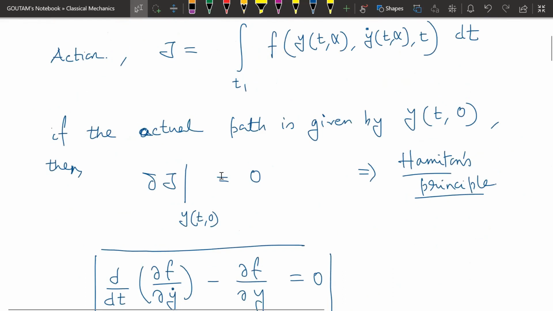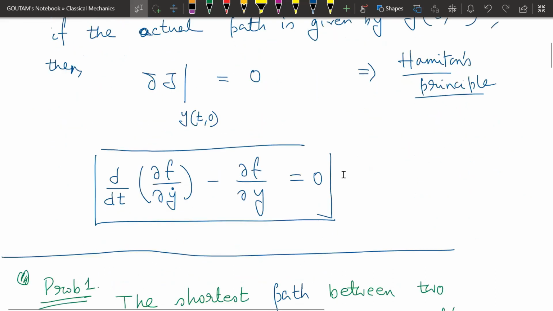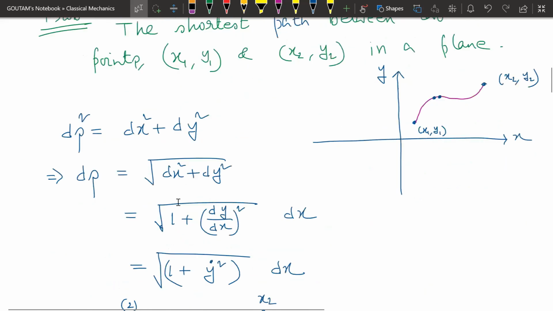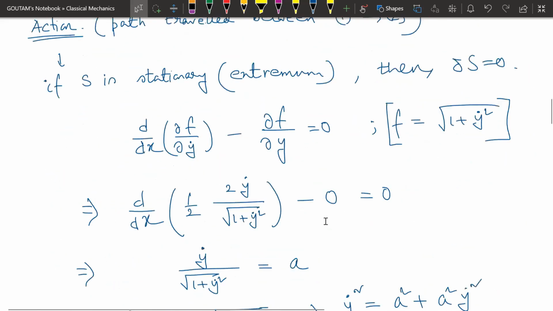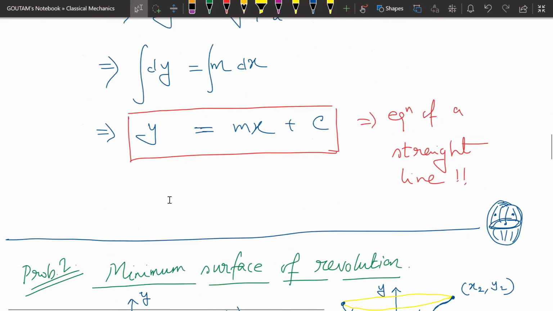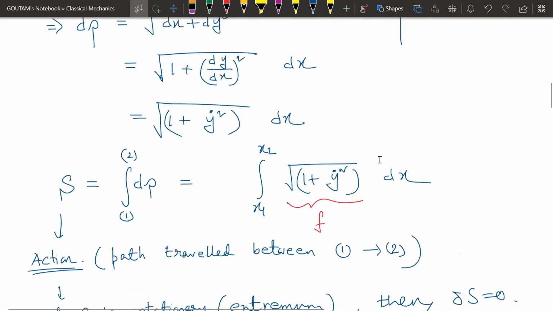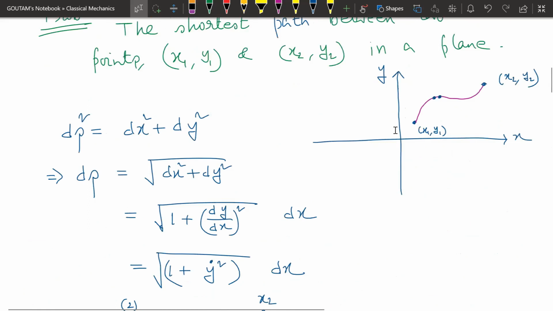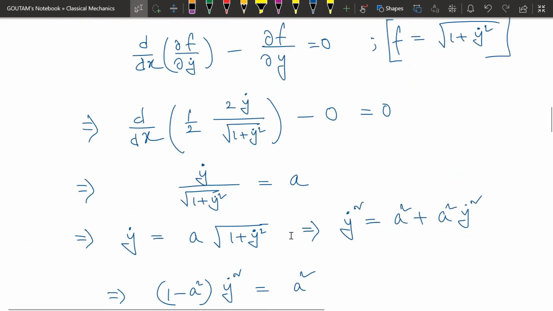So it's not necessarily a minimum, it can also be a maximum. So here, we are not showing that the straight line is the equation for the shortest distance between two points. We are showing that it's the extremum distance between 2 points.